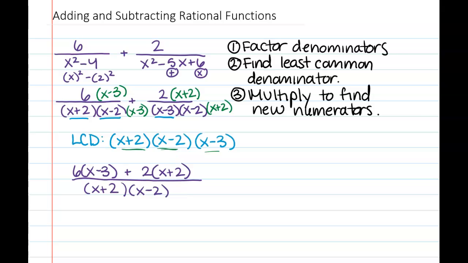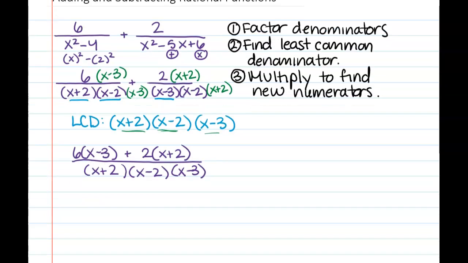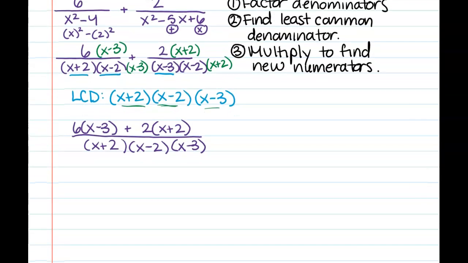And remember, the order of those factors doesn't matter. You can write them in whatever order you want. And then we'll just simplify. So this is 6x minus 18 plus 2x plus 4 all over our denominator.